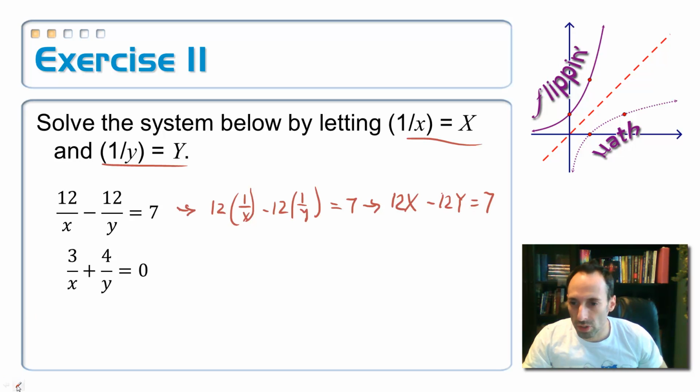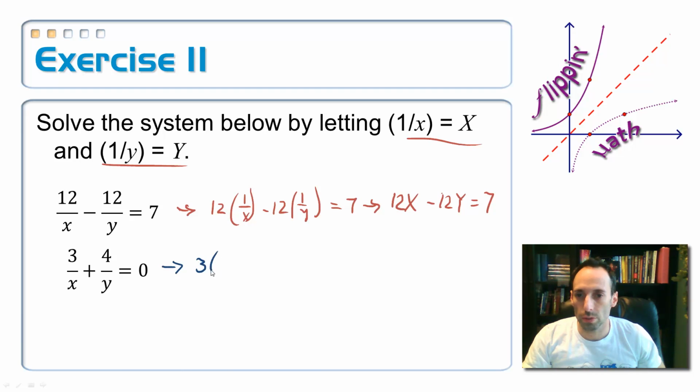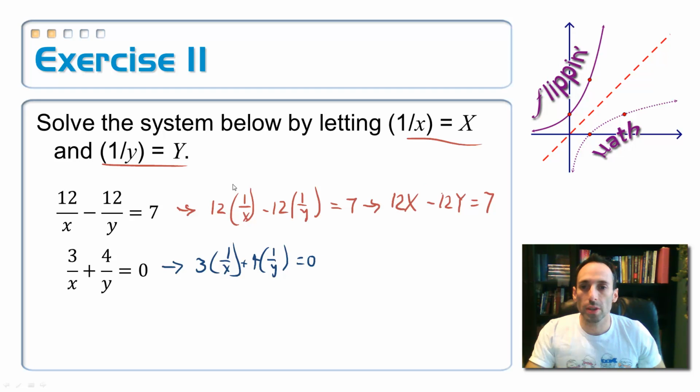Okay, now I'm going to do something similar on this bottom equation here. So this is the same thing as 3 times 1 over x plus 4 times 1 over y is equal to 0. Doing the substitution that it suggested that I do, I get 3 big X plus 4 big Y is equal to 0.